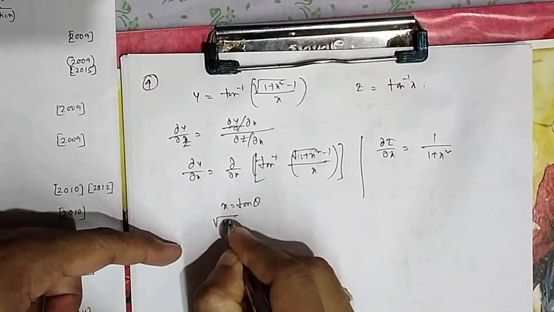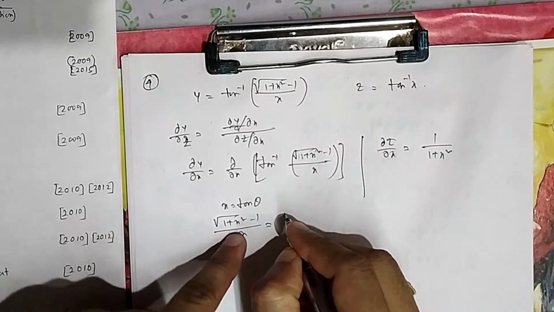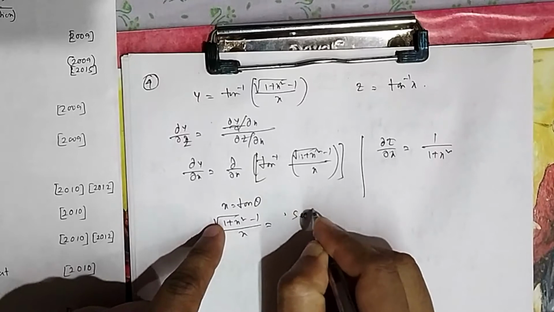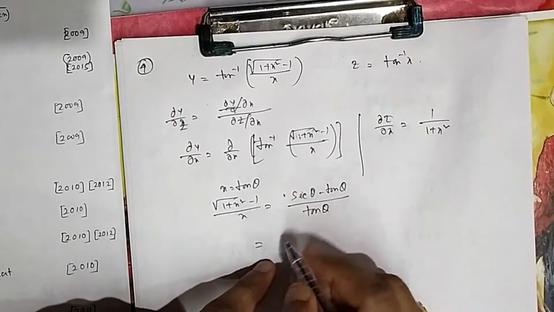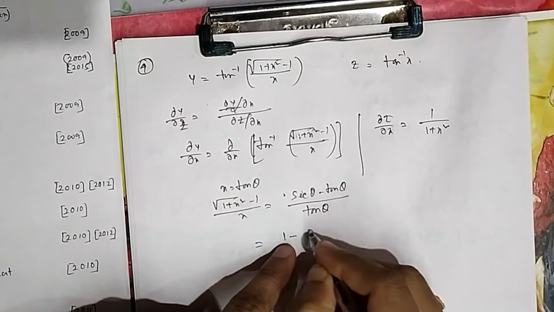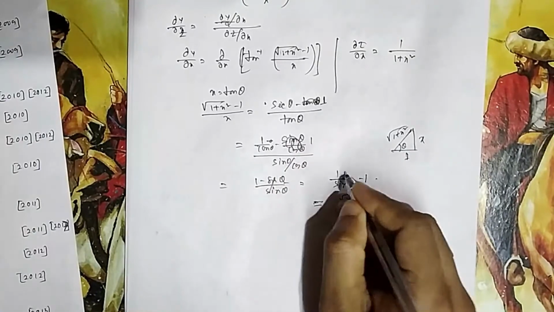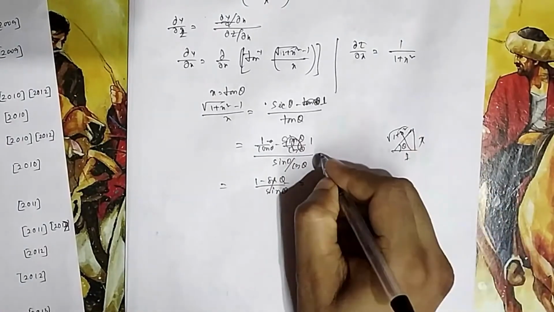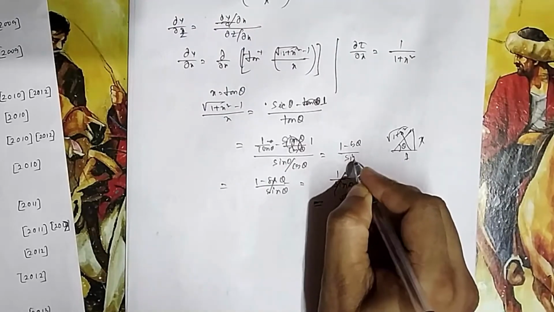So if you simplify this inside portion, if you put x equal to tan theta, then it is 1 plus tan square is sec square, root is sec theta, minus 1, divided by tan theta. So it will be 1 by cos, sin by cos, and minus 1. So you will get 1 minus cos theta, then cos theta gets cancelled, divided by sin theta.